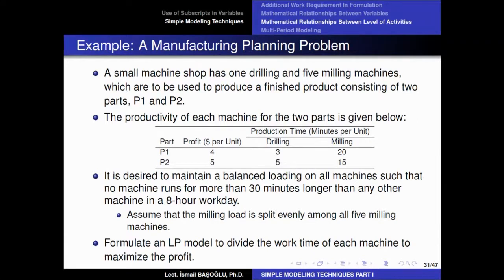So this constraint was introduced with an absolute value. So basically, we were defining the workload on the drilling and milling machines for the production of these parts, and the difference between the workloads is calculated in absolute value, and we have put a constraint which bounds this absolute difference by 30.